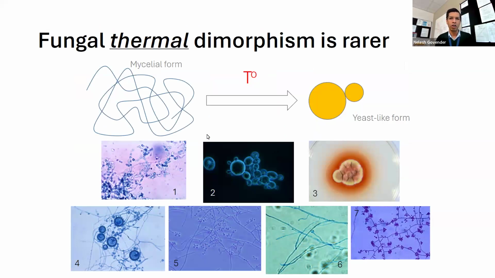All of these fungi belong to the Ascomycetes group, and these fungi are shown on the slide. So the fungi include coccidioides, paracoccidioides, Talaromyces, histoplasma, emergomyces, blastomyces, and Sporothrix. So those are the fungi number 1 through to 7.